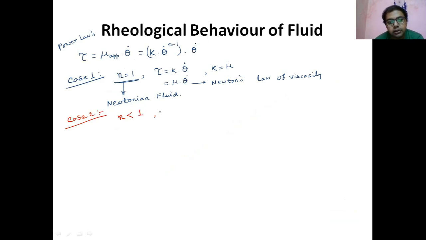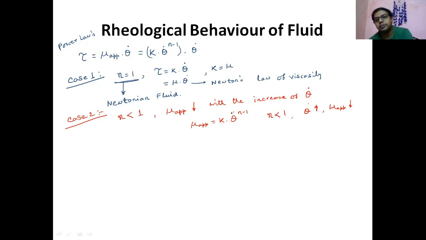If n is less than 1, the apparent viscosity is decreasing in nature with the increase of theta dot, because your equation for apparent viscosity is k theta dot to the power n minus 1. So as n is less than 1, if you increase theta dot, your apparent viscosity will decrease.